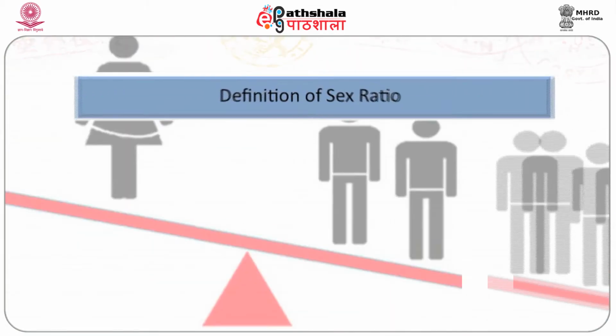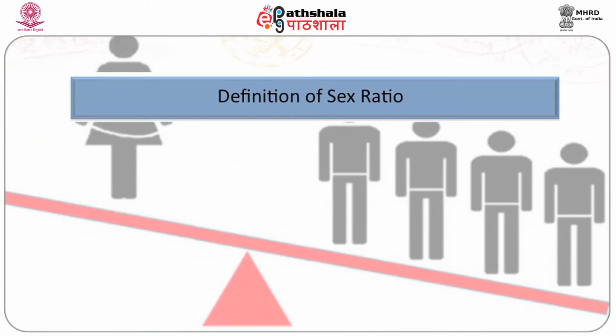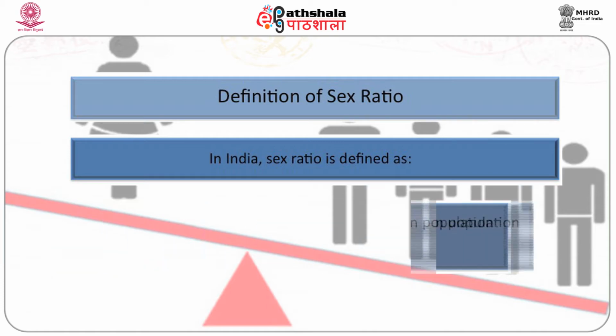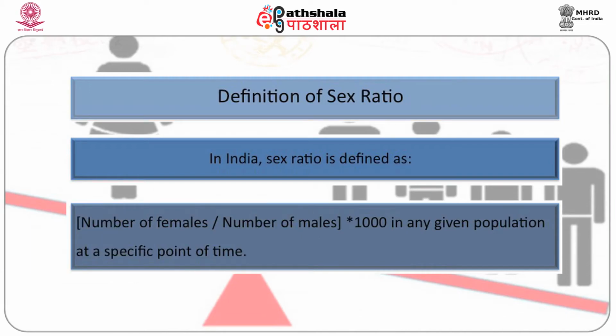As for the definition of various sex ratios, in India, the sex ratio is defined as the number of females per 1,000 males in any given population at a specific point of time.